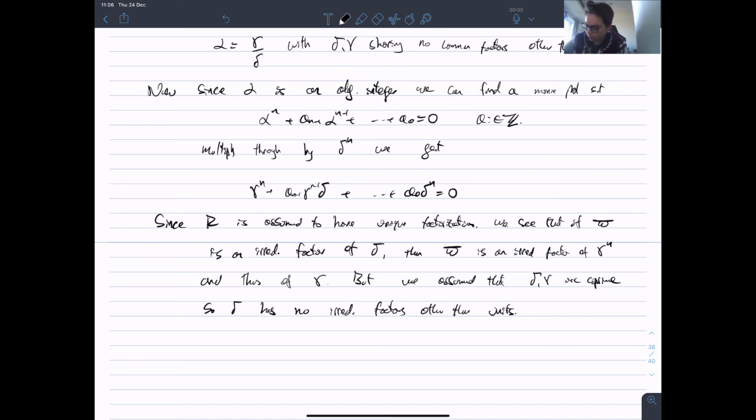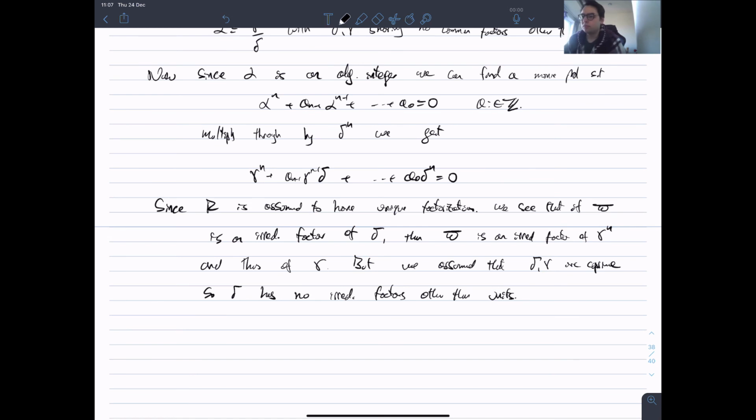If I had an irreducible factor of delta, it would also have to be a factor of gamma, but we assumed that we had taken this to be in lowest terms. Obviously, we can just cancel them out from here. So delta just has to be a product of units, so delta is a unit.